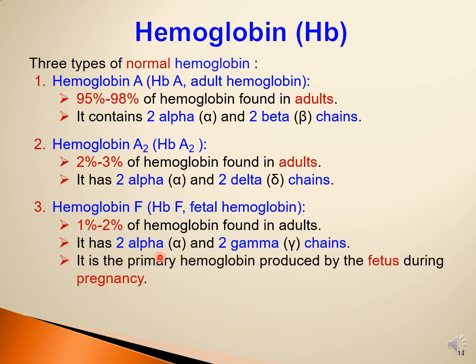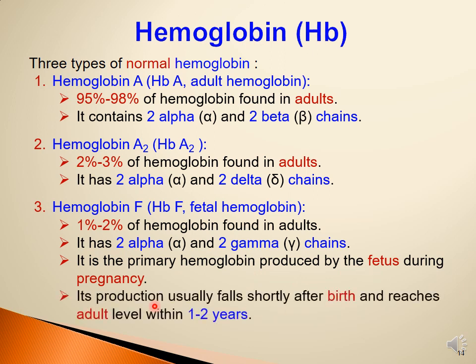It is the primary hemoglobin produced by the fetus during pregnancy, and its production usually falls shortly after birth and reaches adult level within 1 to 2 years. So from more than 90% of hemoglobin in the fetus and newborn, it will reach only 1 to 2% when we are 2 years old.